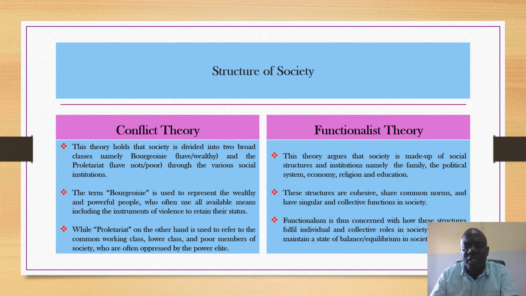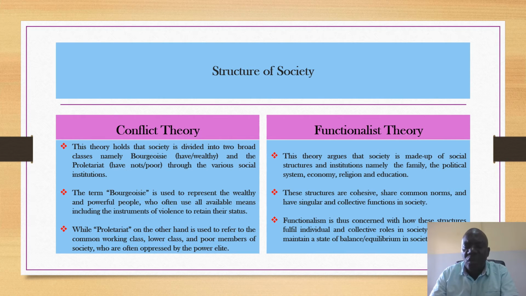With regard to functionalism, they look at society as being structured along the social institutions, that is, the family, the political system, the economy, religion, and education. So while conflict theory divides society into two structures, functionalism divides society into five structures.